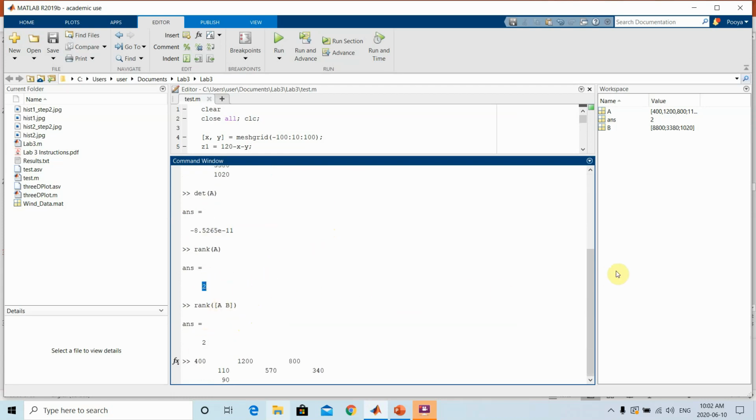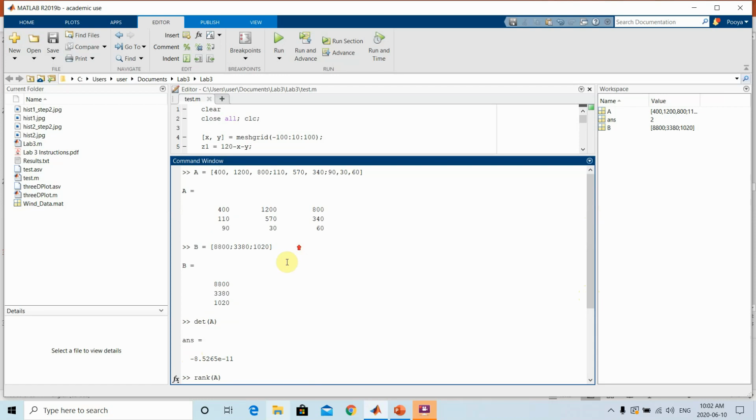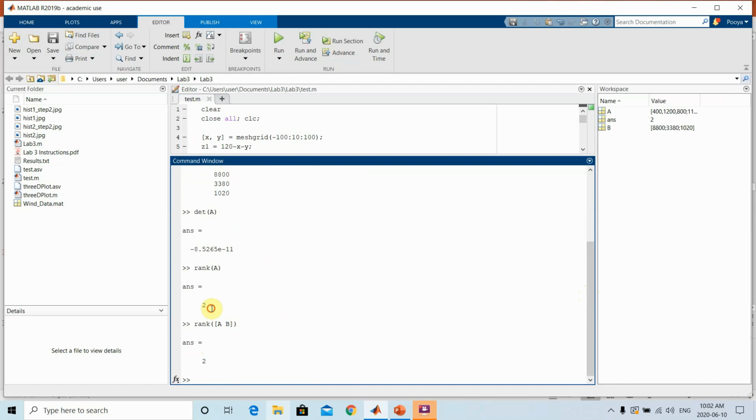So can you tell me how many solutions this system has? How many solutions do we have for the matrix equation AX equal to B? We would have an infinite number of solutions, right? It's not going to be unique because this is not a full rank matrix.